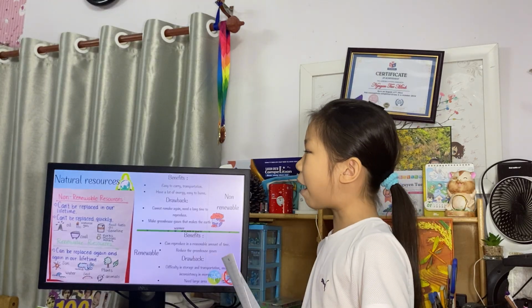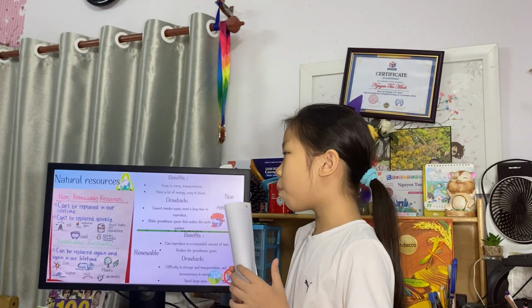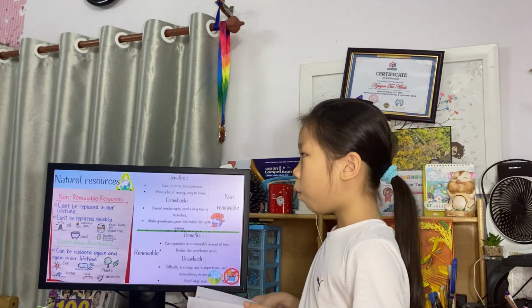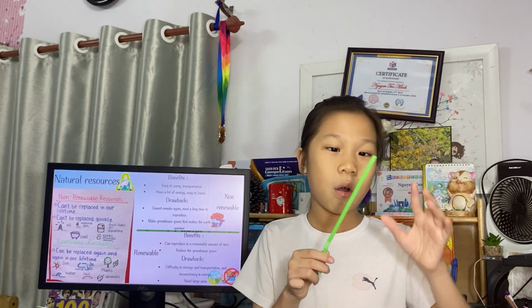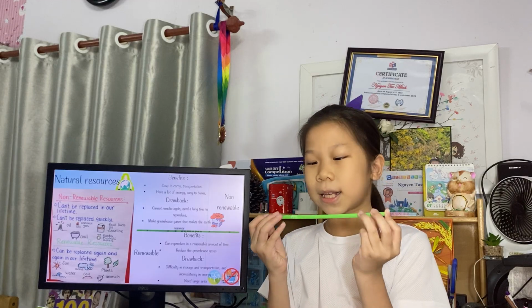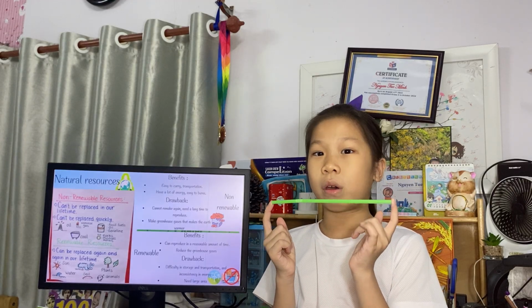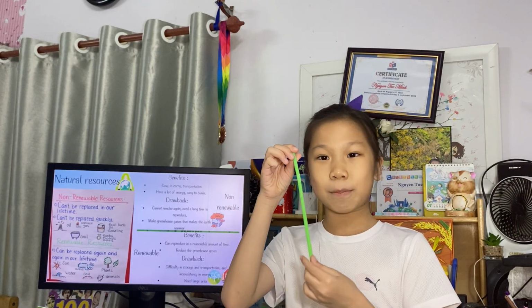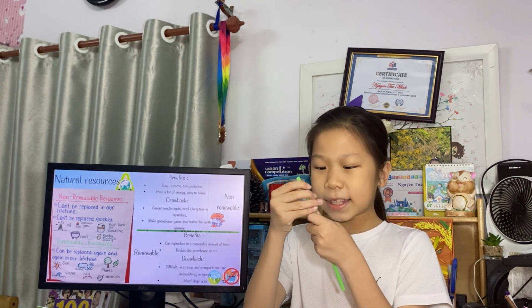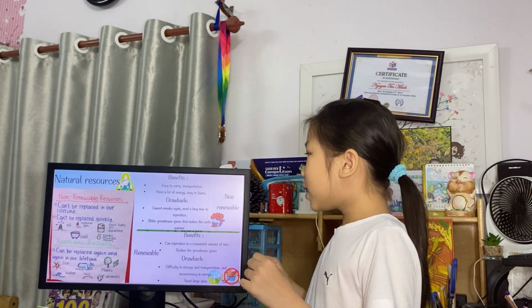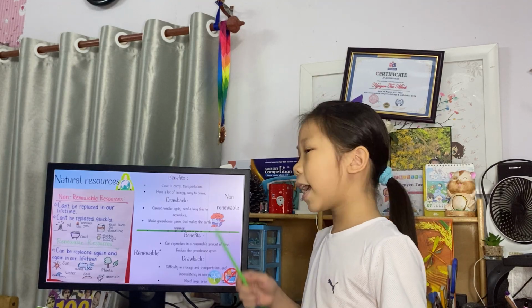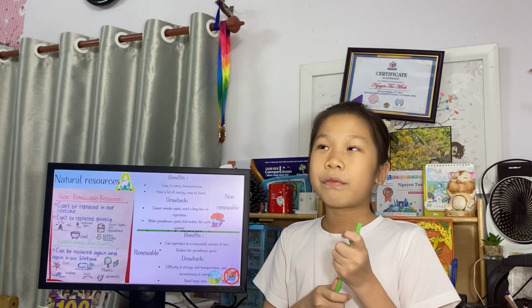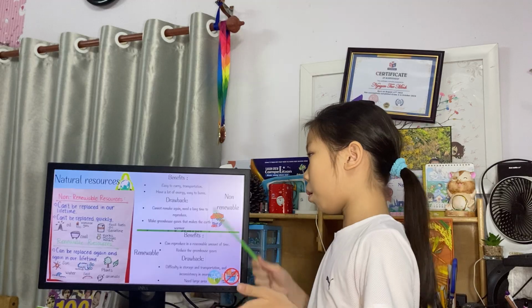So what about non-renewable resources? Well, non-renewable resources are like the straw. Well, the straw is made from oil or coal. It is plastic. And it is also made in a factory, but it is made from oil or coal.